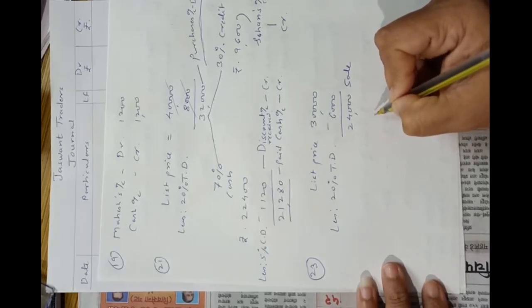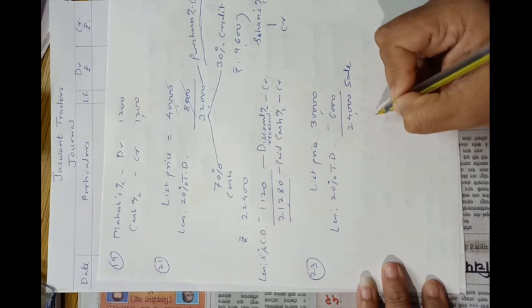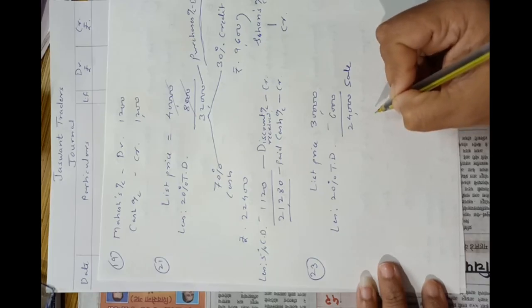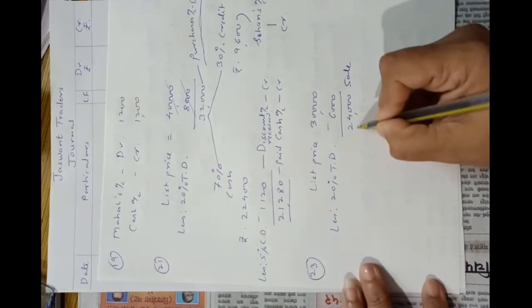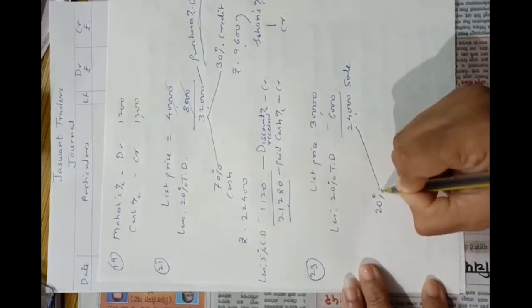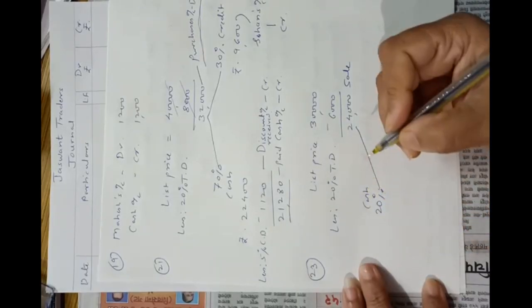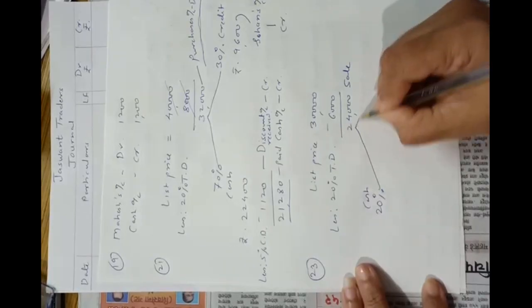Now from that amount 20% amount was received by check. So we will give cash discount only on the amount paid immediately, that is 20% amount. So 20% will be the cash transaction paid by check.